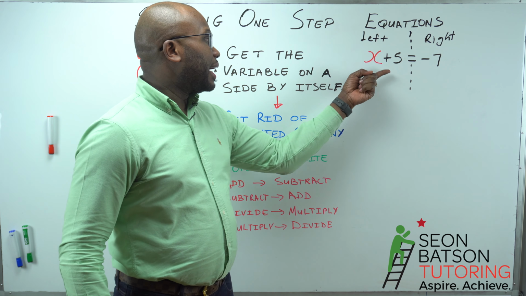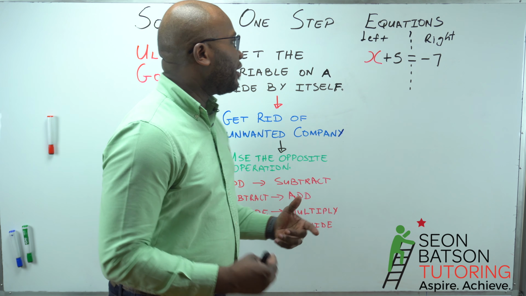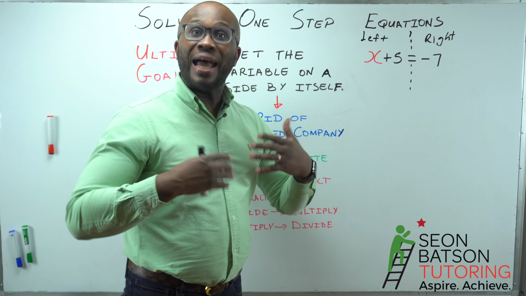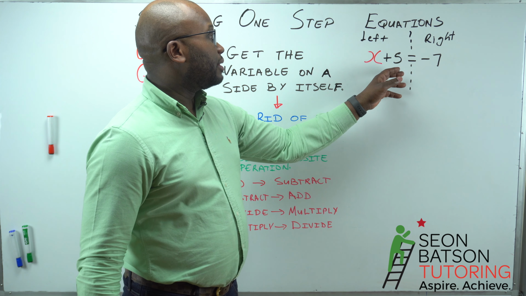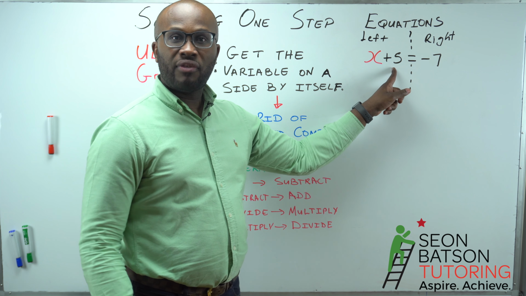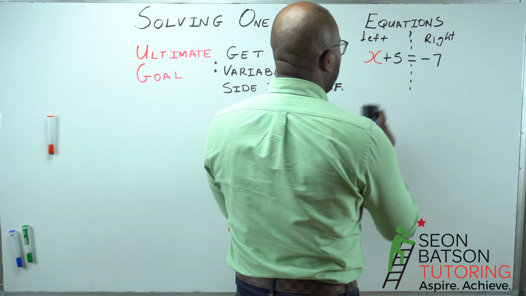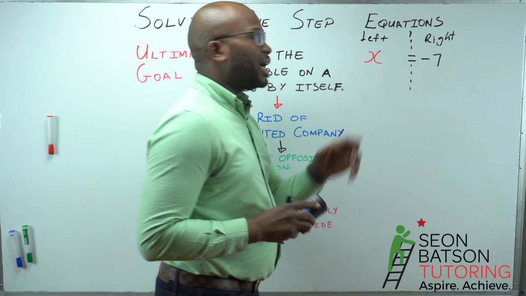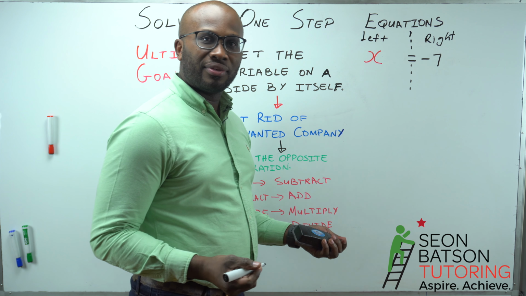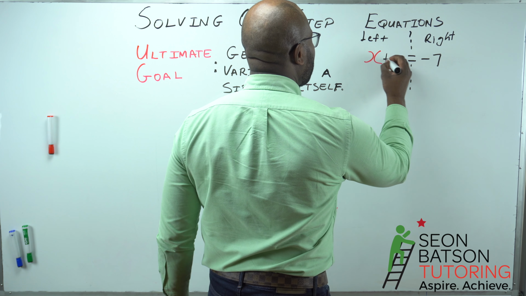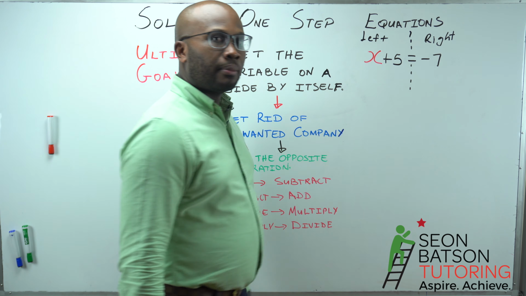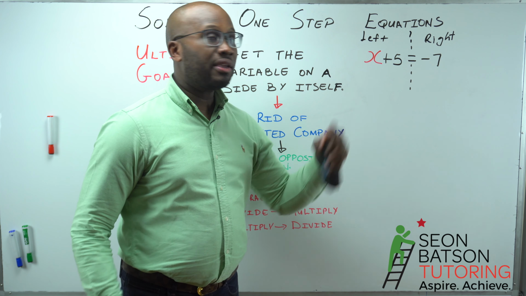Now, to get the x by itself, we will have to get rid of an unwanted company. In this example, the unwanted company is 5. Look what happens. If I get rid of this 5, the x will be on the left side by itself. Yes? How do we get rid of this 5?